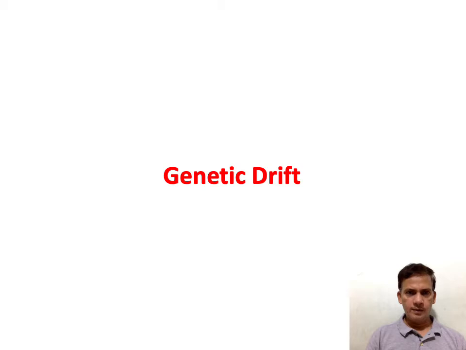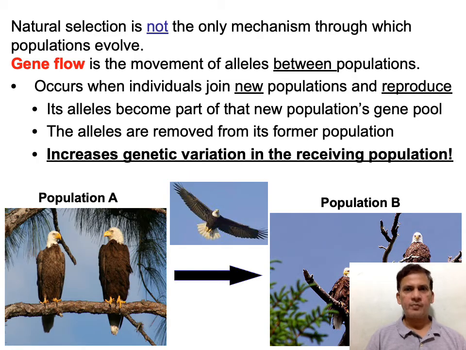So after this, a little bit of recall. Let's move a little bit further. As you might be aware, natural selection has been proposed as a mechanism for populations to evolve. Here there is a little bit of variation to this: natural selection is not the only mechanism through which populations evolve. There are different mechanisms as well.